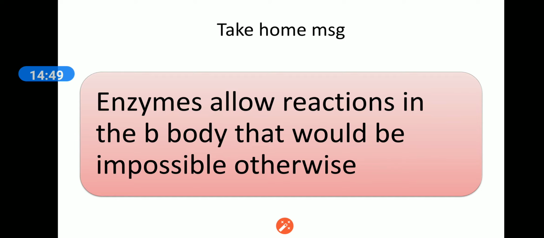Enzymes are very critical biomolecules of our body, as enzymes allow reactions in the body that would be impossible otherwise. Almost all spontaneous reactions happening in our body, either in the forward or reverse direction, need enzymes.